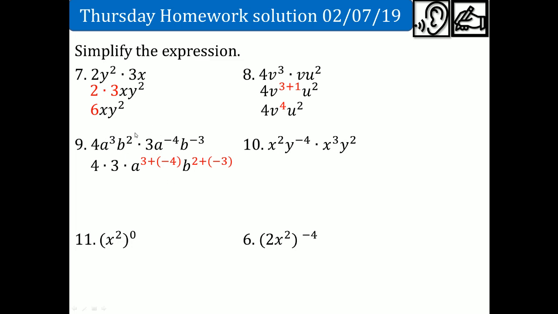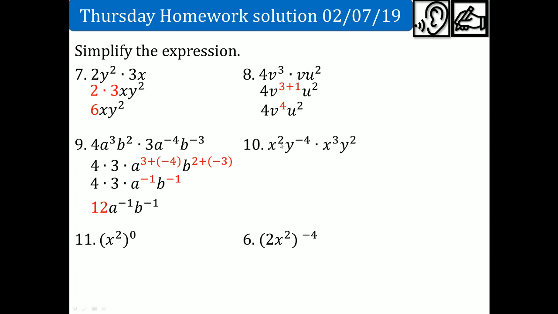B and B, you combine the powers: 2 plus negative 3. 3 plus negative 4 becomes negative 1. 2 plus negative 3 is negative 1. 4 times 3 gets you your 12. A to the negative 1, b to the negative 1. This is very improper, but I'm going to explain next week how to change this. Hint, hint, the final answer should be 12 divided by ab.